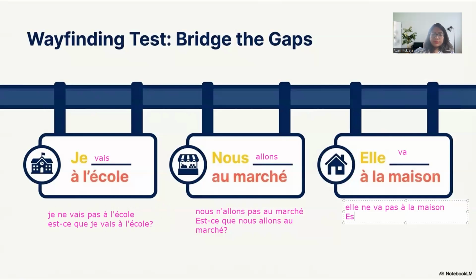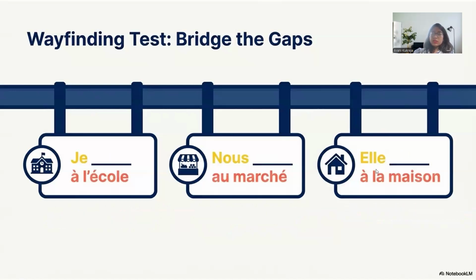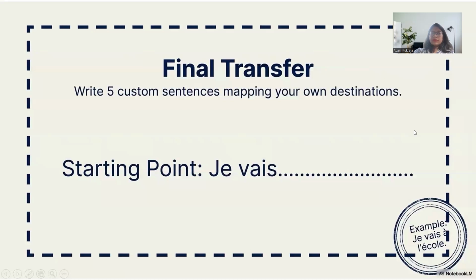Est-ce que elle va à la maison? Correct. Est-ce qu'elle va à la maison? Very good. Is this part clear? Affirmation, negation, interrogation of verb aller? Yes, everyone. I hope you've also learned the conjugation in the class itself.